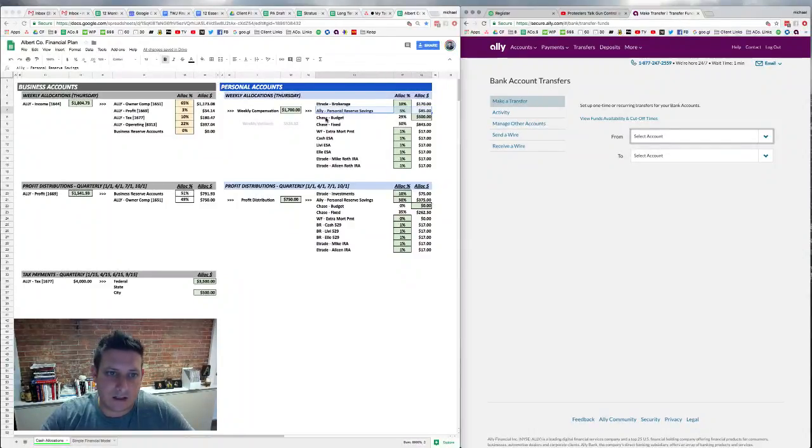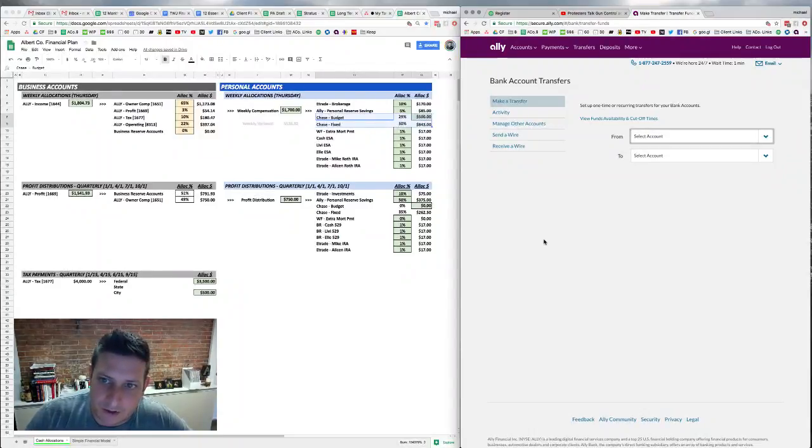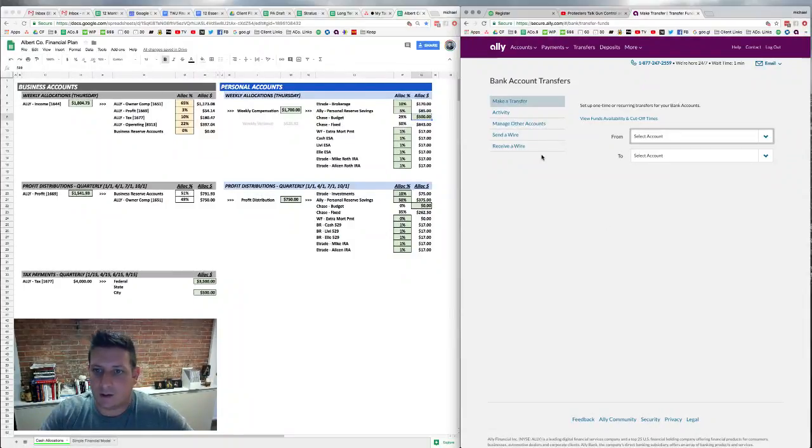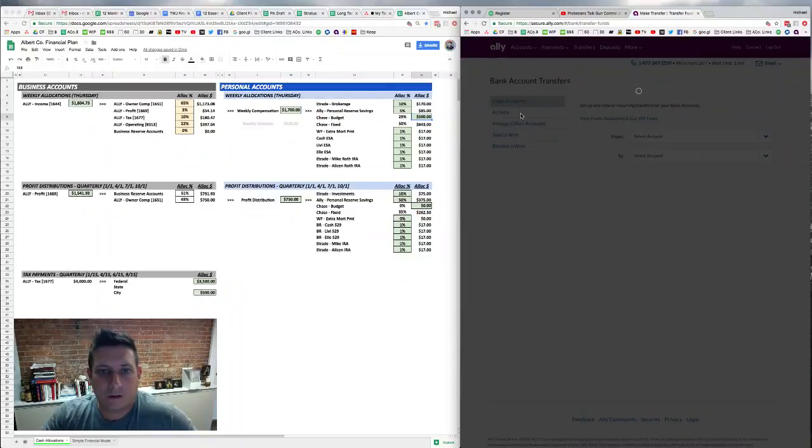I usually do my allocations on Thursday. I got tied up in just getting some things done for clients, and I actually had to make just these 2 allocations yesterday so that they could hit my Chase account by this morning, but I didn't have time to do the rest of my allocations, so I don't have to do these 2 because I already did them yesterday, and I'll just show you.